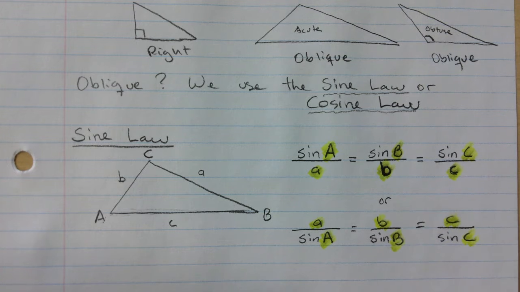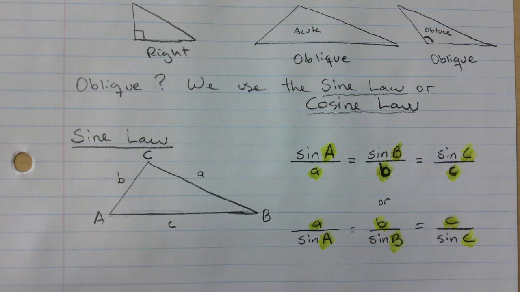They're always across each other. You can't go sine A over side b all of a sudden. It has to be in pairs. And I'll just put a star here or two stars: can be written both ways.